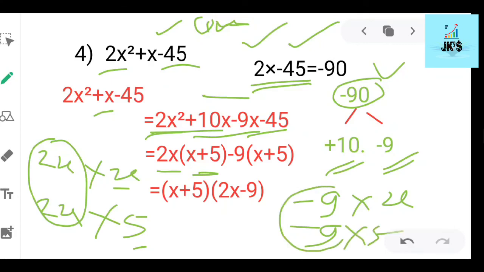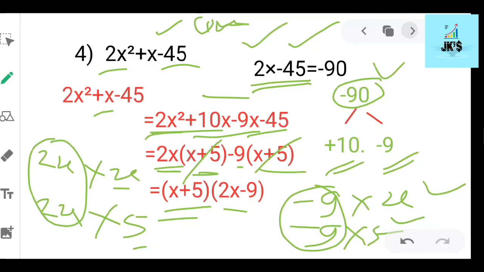Again minus 9 is taken common. What remains in the bracket? x plus 5. This x plus 5 is taken common. What remains? 2x minus 9. In this way, the factors of this quadratic trinomial are x plus 5 and 2x minus 9.